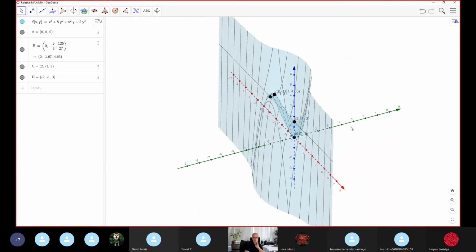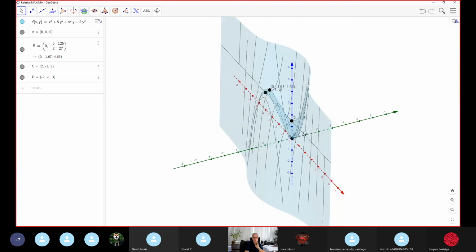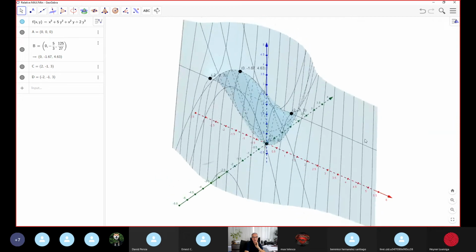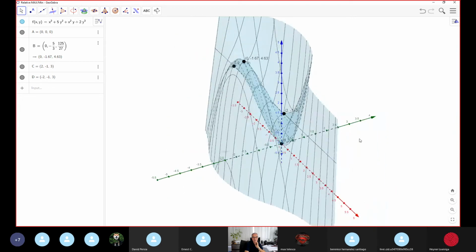And the saddle point, let me try to zoom to see that in the saddle point, for example, it's weird because here we have like a saddle. A saddle is like a seat that you put on the horse, no?